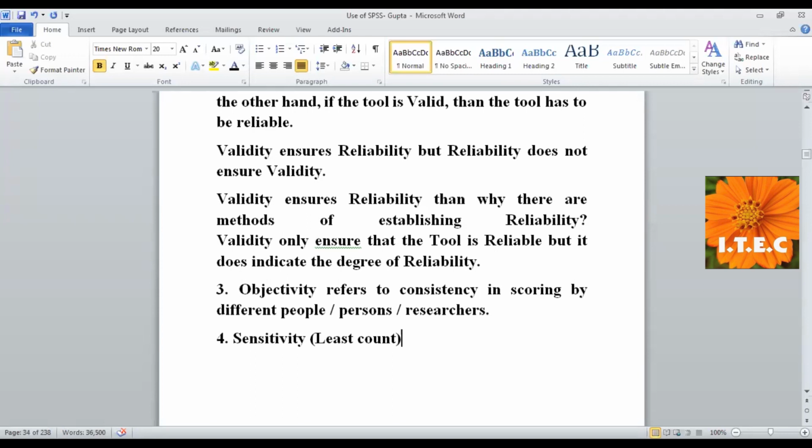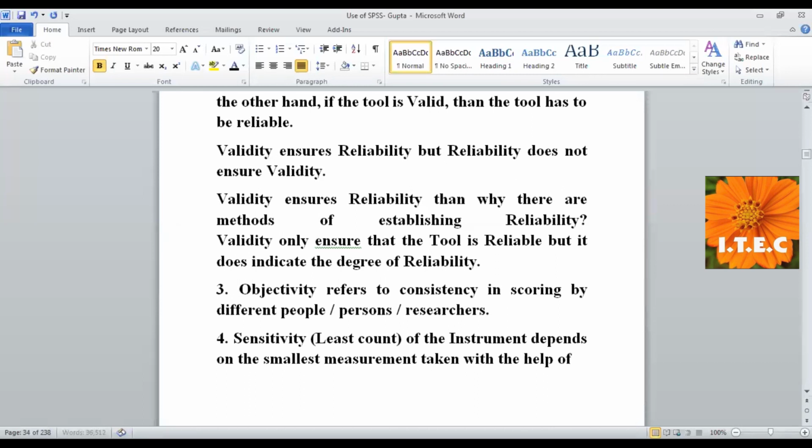And in science, we call it least count. So sensitivity of the tool, of the instrument, depends on the smallest measurement taken with the help of the instrument.